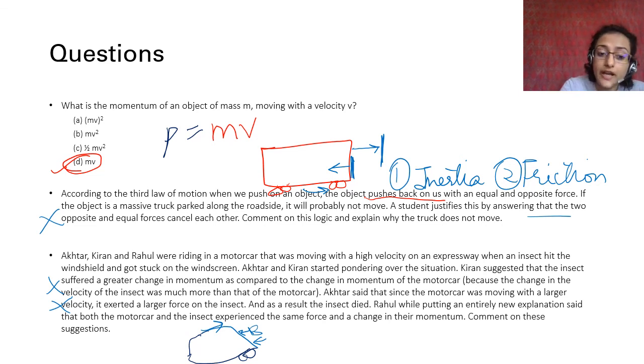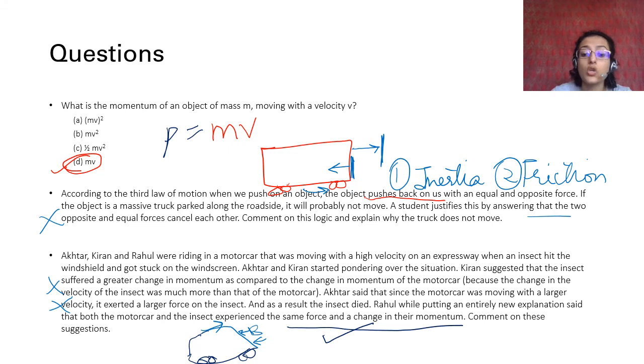So they did experience the same force and change in momentum. So Rahul is right, because the insect and the car experienced the same force and change in momentum, but because the mass of the insect was so little, the effect on the insect was extremely high, therefore the insect died. So Rahul is right, but Kiran and Akhtar are wrong.